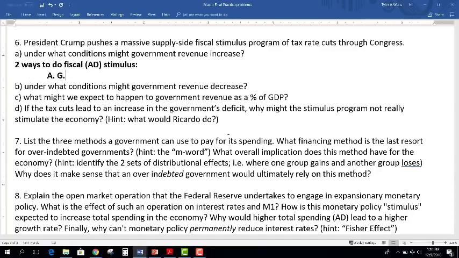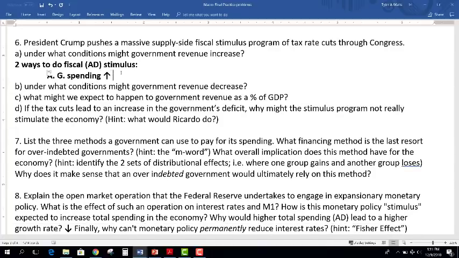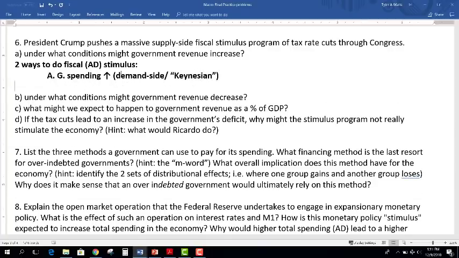A, government spending increases. Let's label that. That would be known as kind of demand side or Keynesian type policies. Or B, we could do tax rate cuts, which could be demand side in terms of it's aimed at increasing consumer spending.